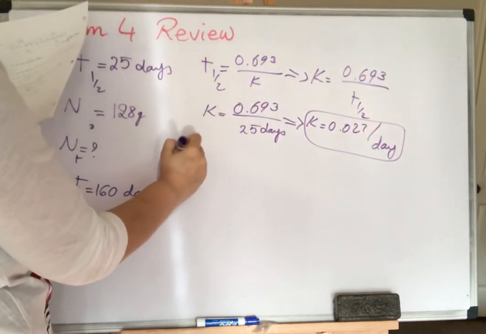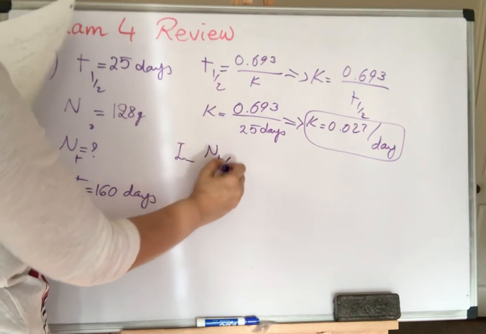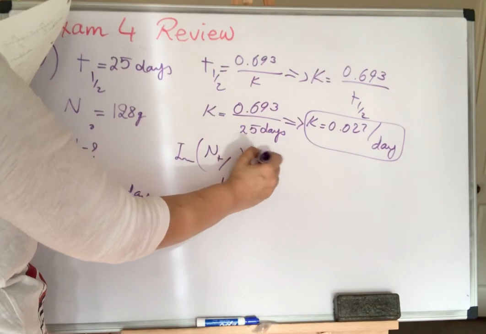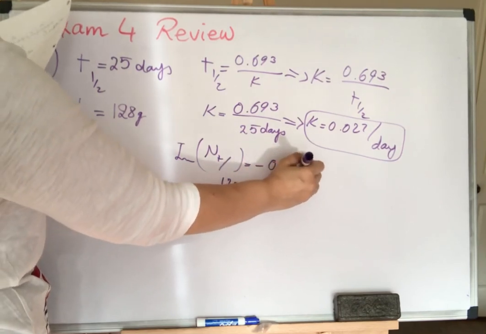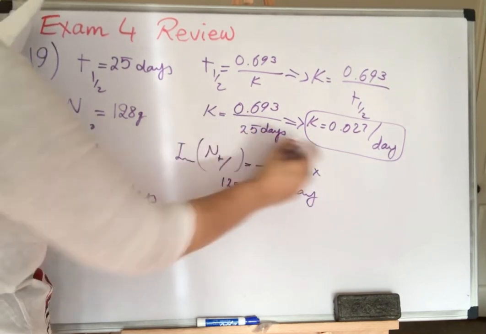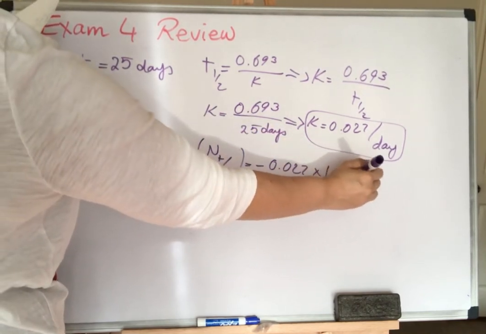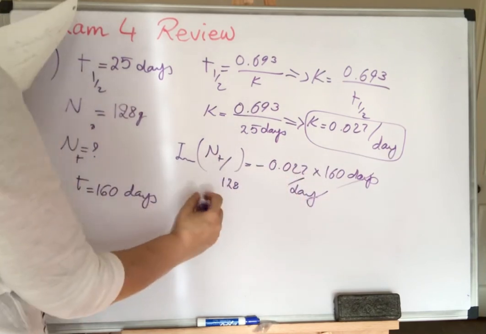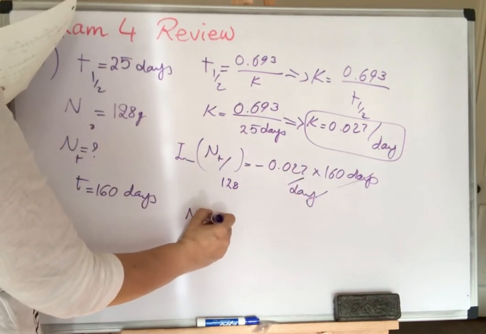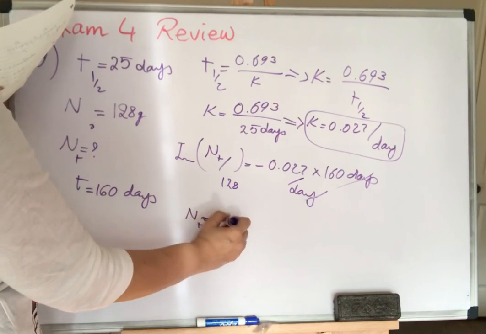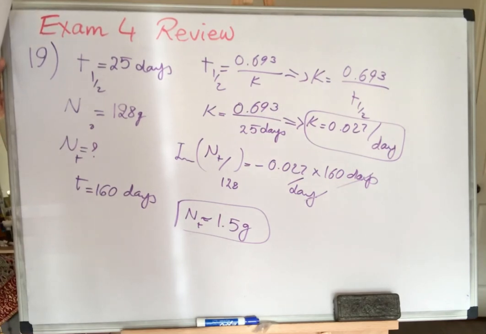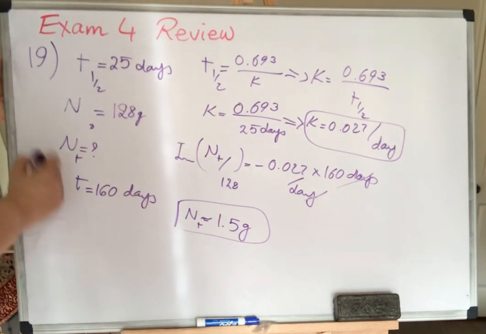Then we have ln NT over N naught, which is 128 grams, equal to minus 0.027 per day times T, which is 160 days. And NT is going to be about 1.5 grams. Let's see which answer choice is the closest, which is A.